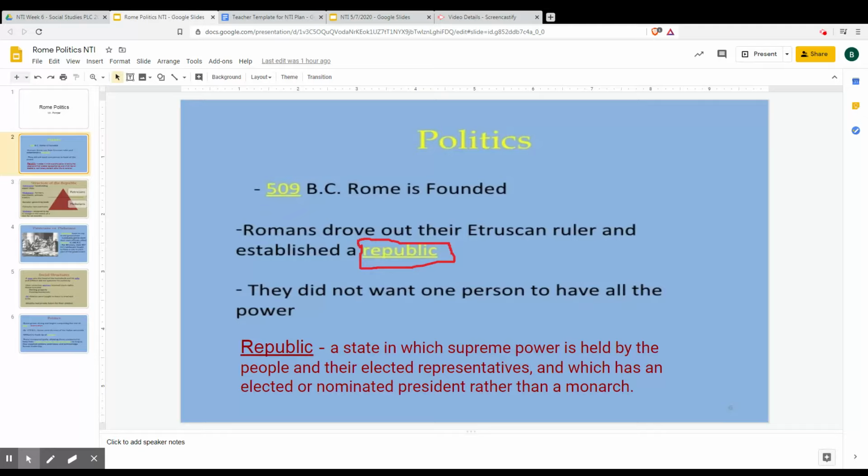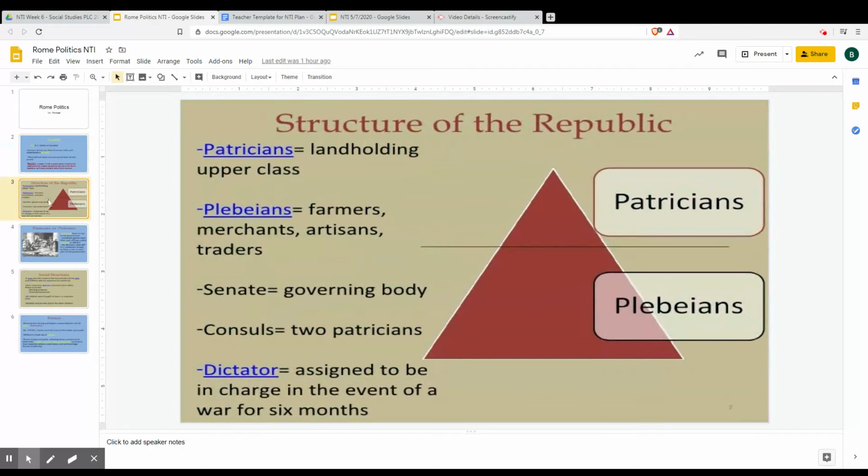So in the United States, we elect senators and representatives for the House and have a bicameral, or two house, legislative branch, and then we have the president as the executive branch. So our government is based off the Romans, which is why we need to know about the Roman government.